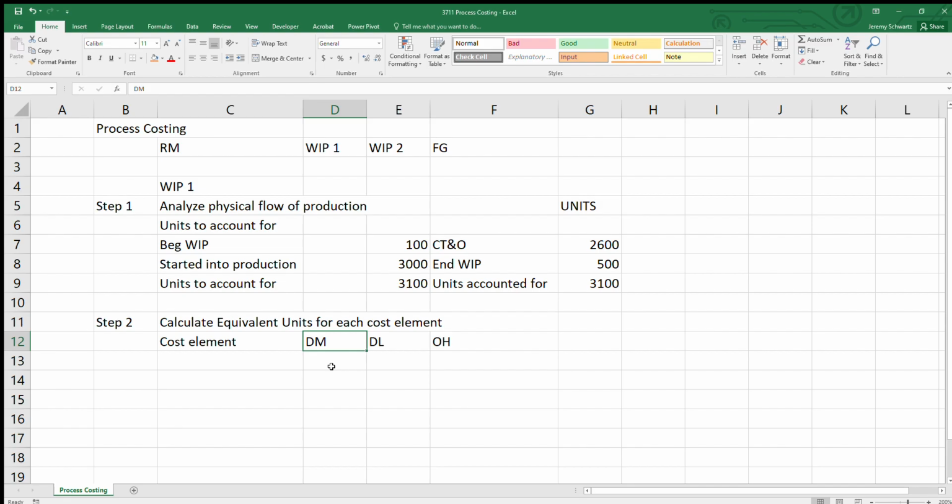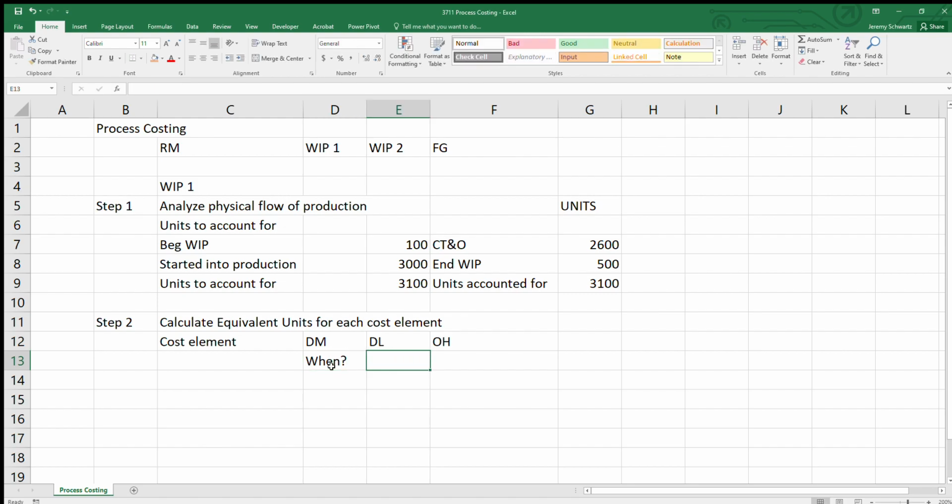There could be production processes where they're added at the very end. There could be production processes where they're added uniformly throughout the process. So we have to be told on it. We have to be informed on this regarding direct materials. When are they added?